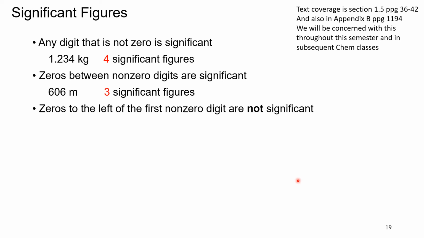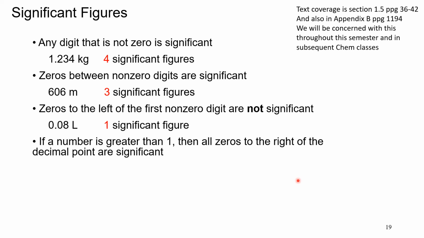Now it gets a little more complicated with the other zeros. Zeros to the left of the first non-zero digit are not significant. So here, 0.08 liters, well, only the 8 counts as significant here. I don't agree with this statement.